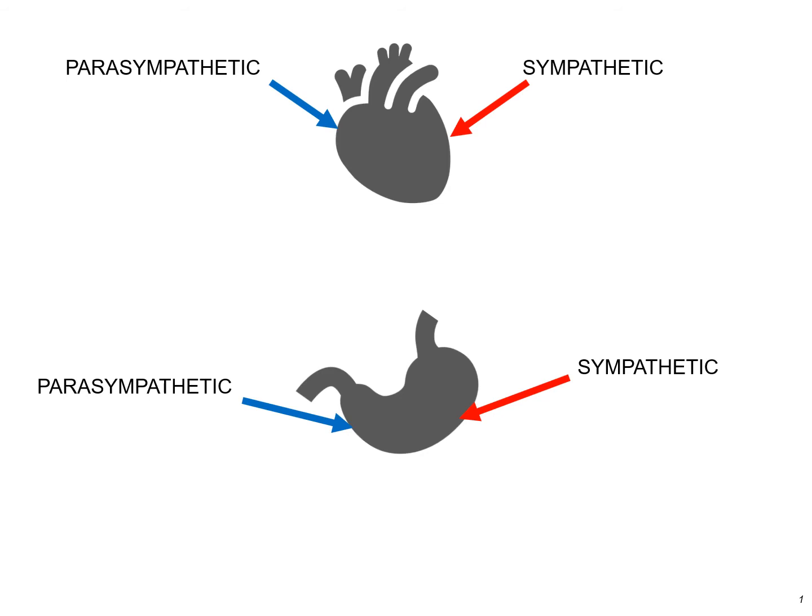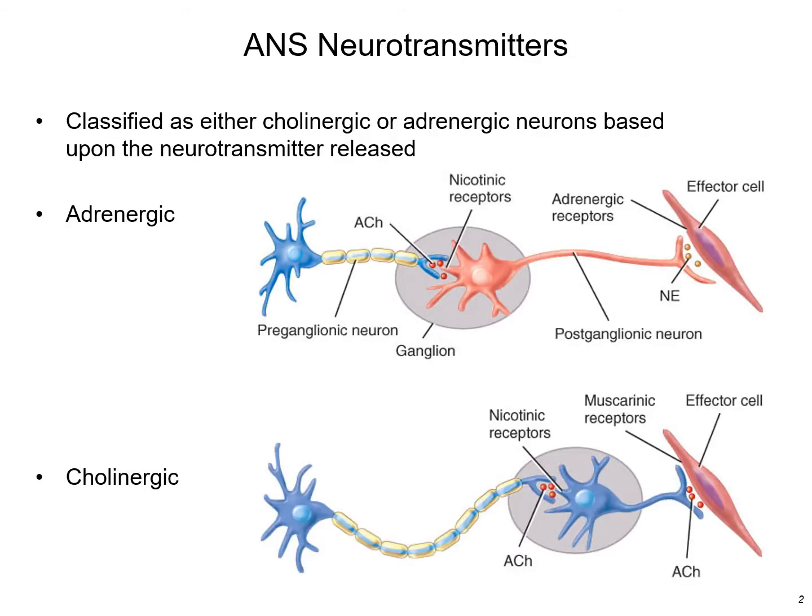So let's take a look at these neurotransmitters. We have a little bit of terminology. Good thing that we will see a very familiar player, the cholinergic neurons releasing acetylcholine.